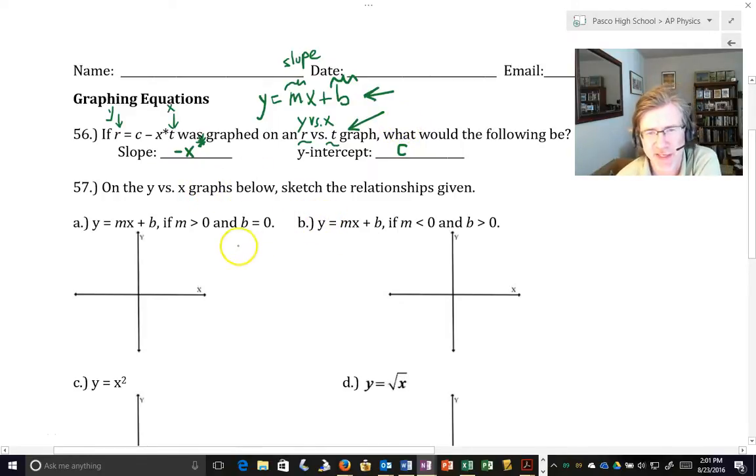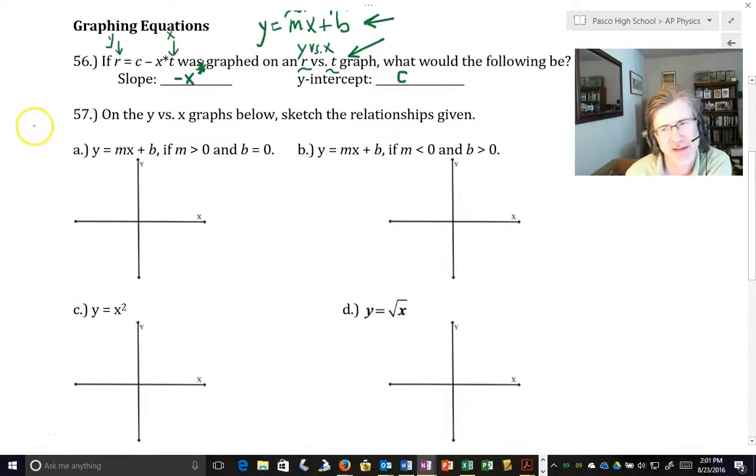All right. Sketch the relationships given. Question number 57. So on the y versus x graphs below, sketch the relationships given. Y equals mx plus b. That's the standard format. This is the slope right here, m. And b is the intercept.